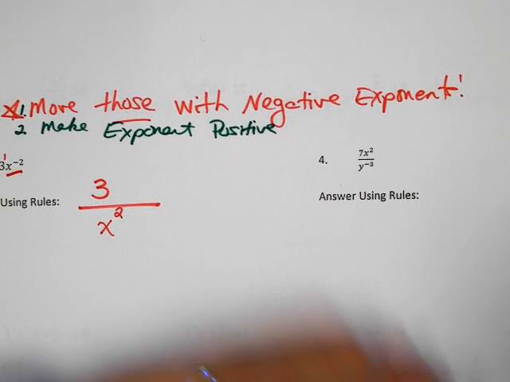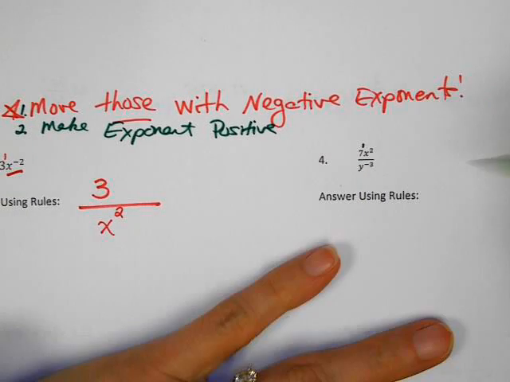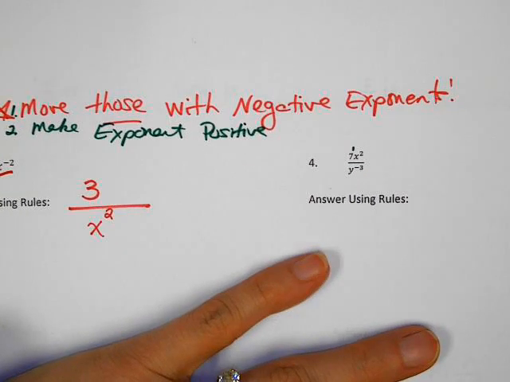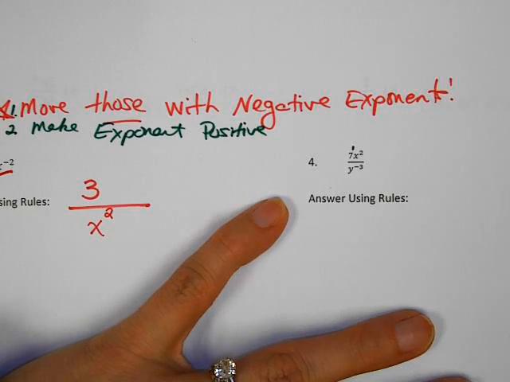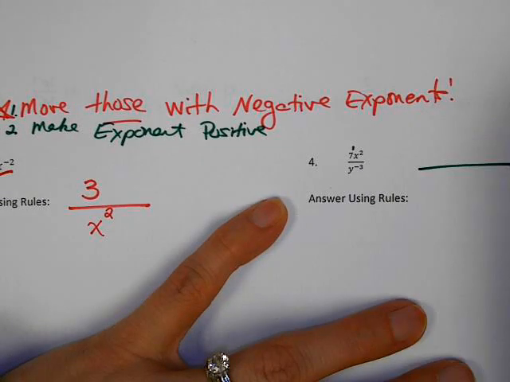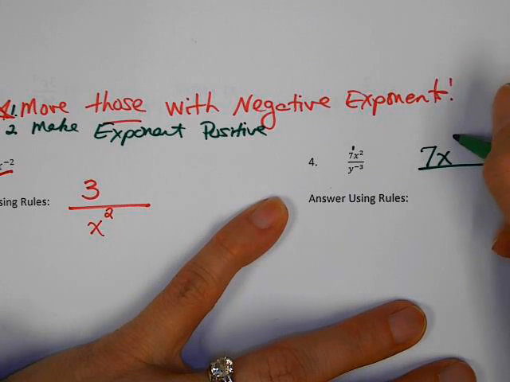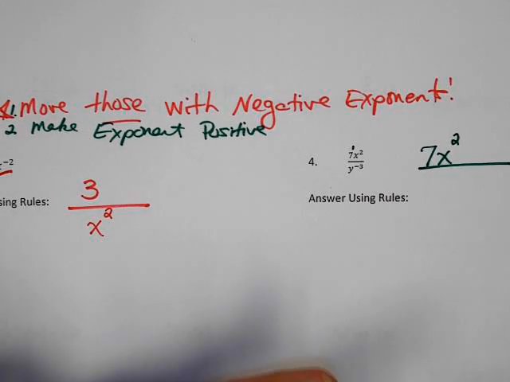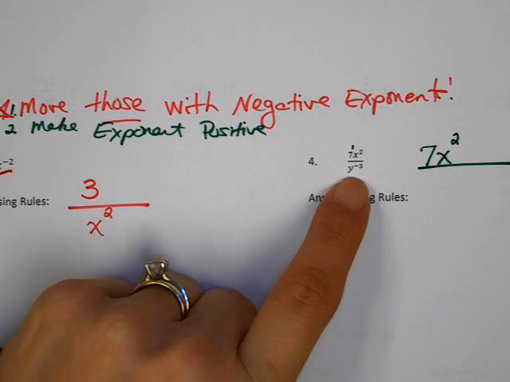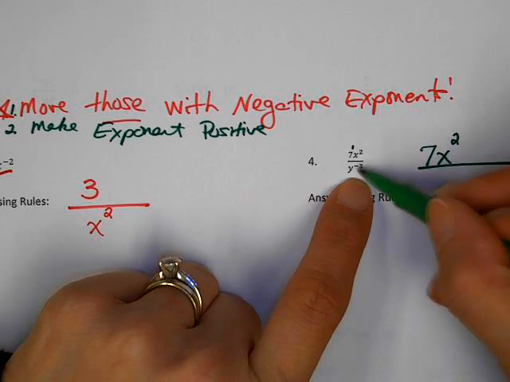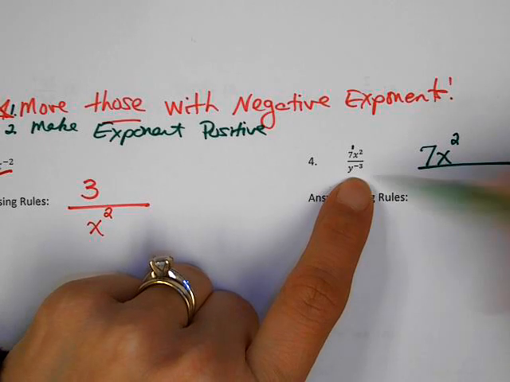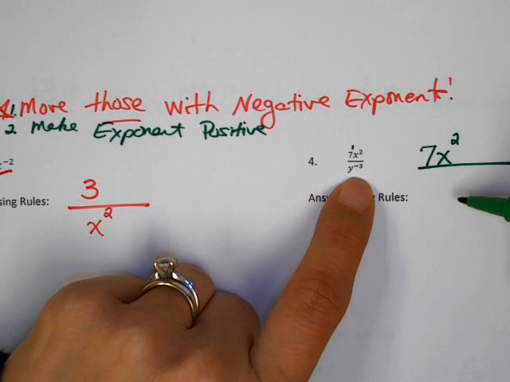Let's do the last one. We'll use that rule. 7 has a power of 1, so he's good. X has a power of 2. So I'm going to draw my fraction bar. He's good. I'm not going to move the 7, and I'm not going to move x squared. Leave them in the numerator like they are. Now what about that y? He has a negative exponent. So is he going to stay in the denominator?